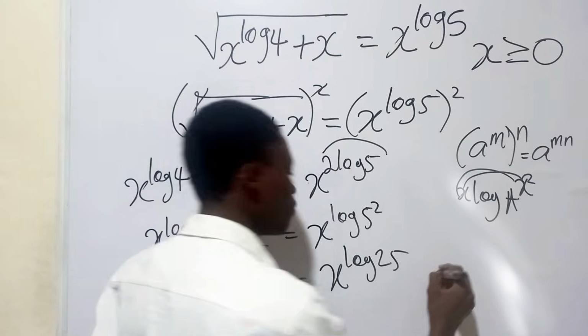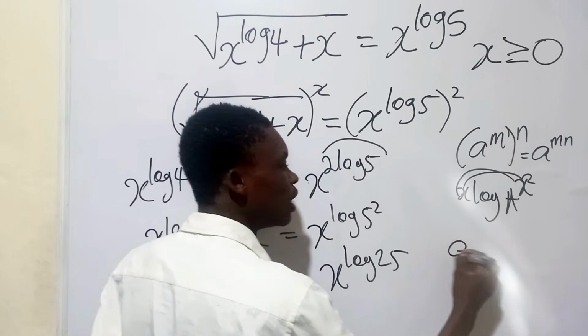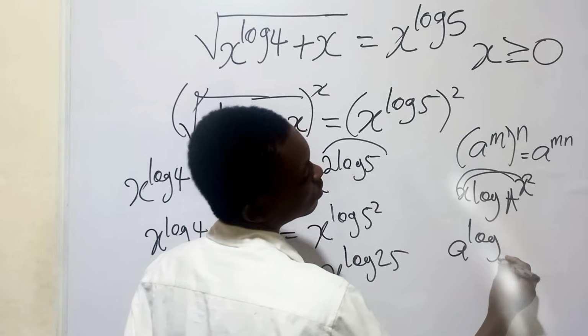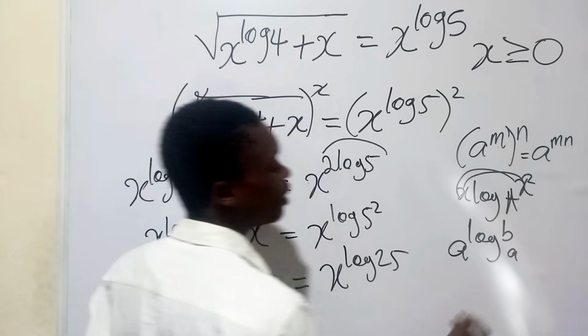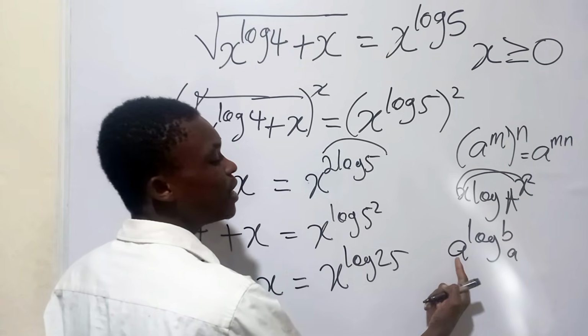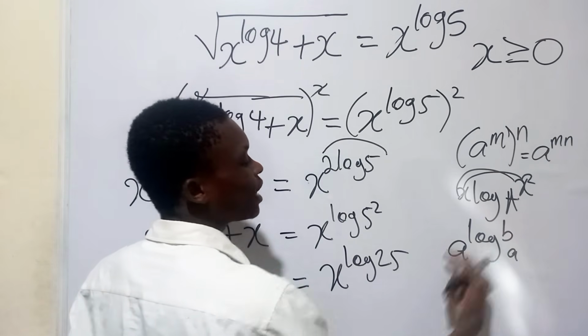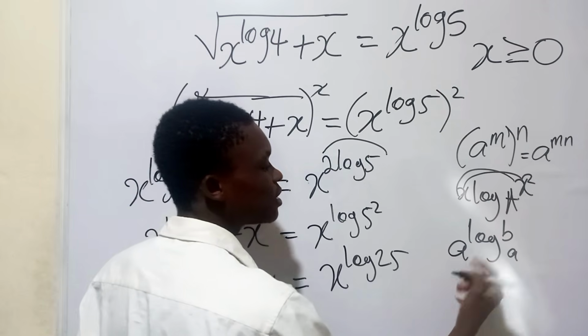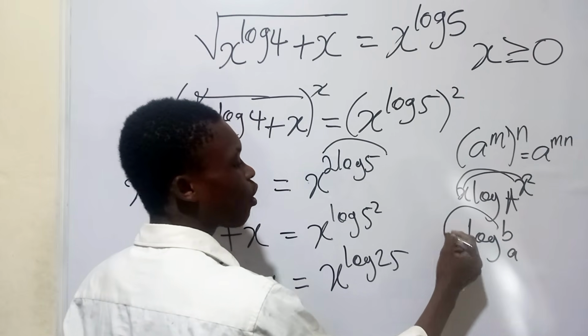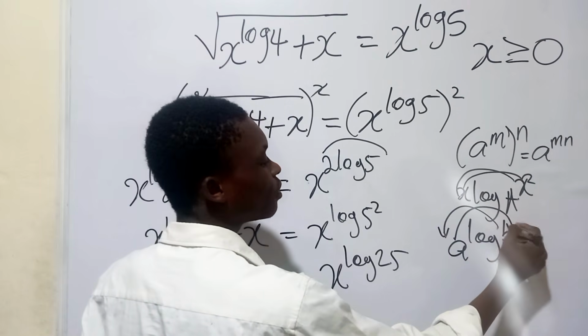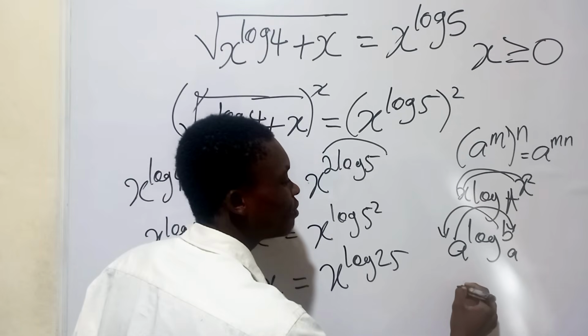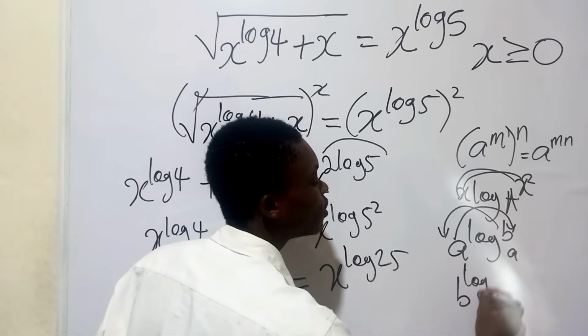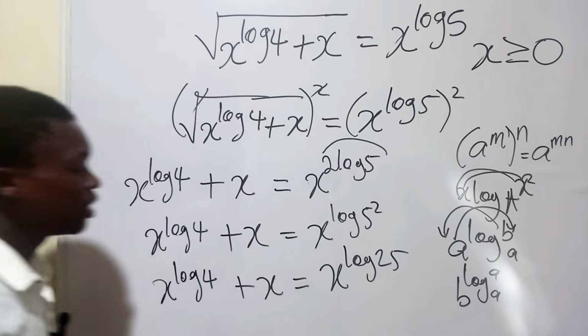Remember this law. If we have a to power log b base a, this base and this log can interchange their position. That is, this b can come over here and this a returns to this place. So we have b to power log a base a.